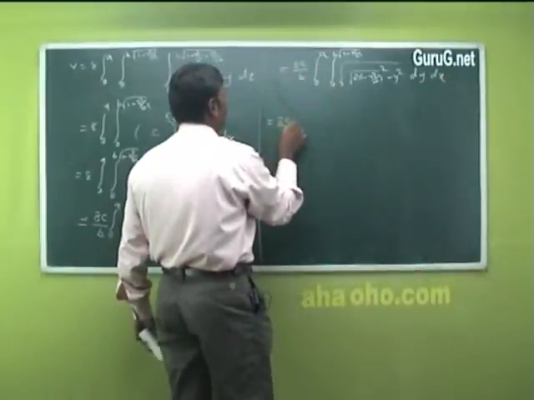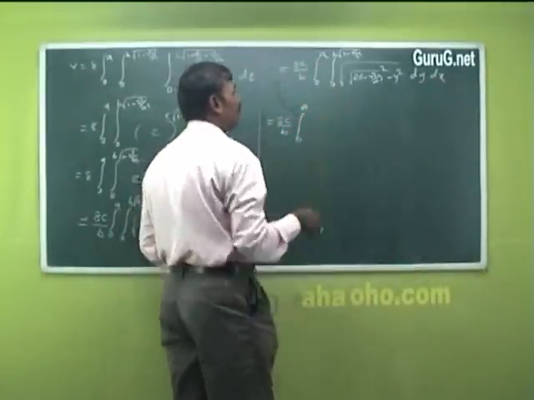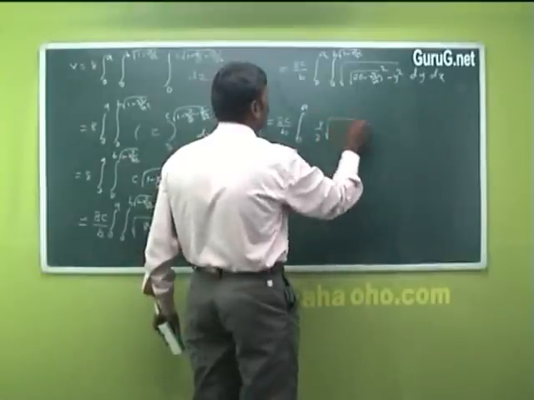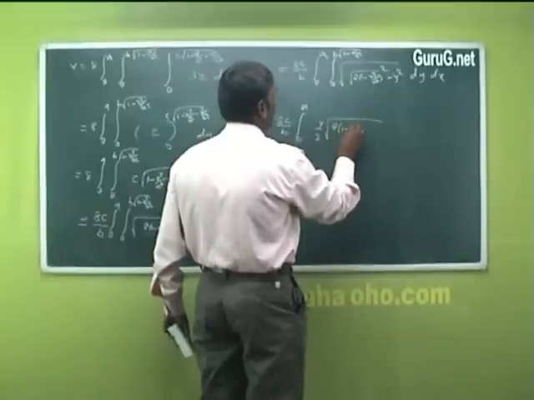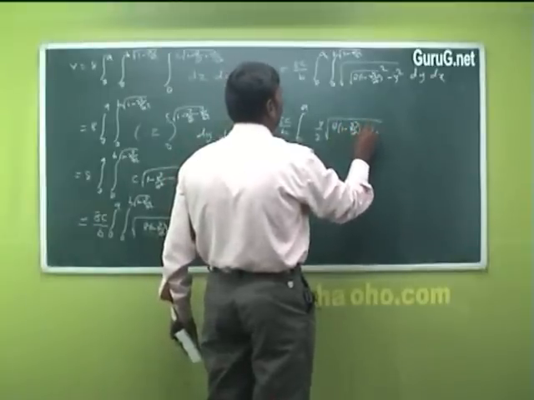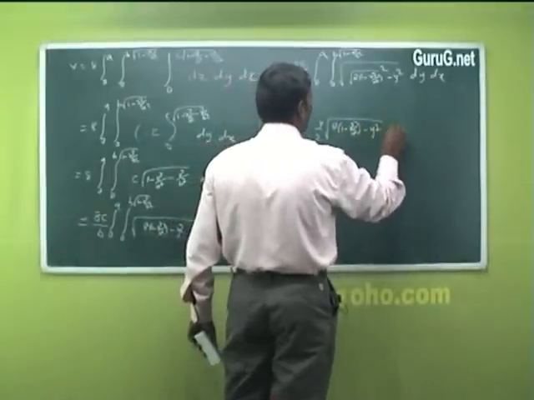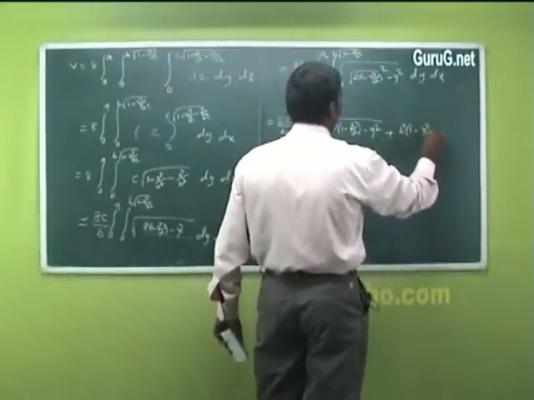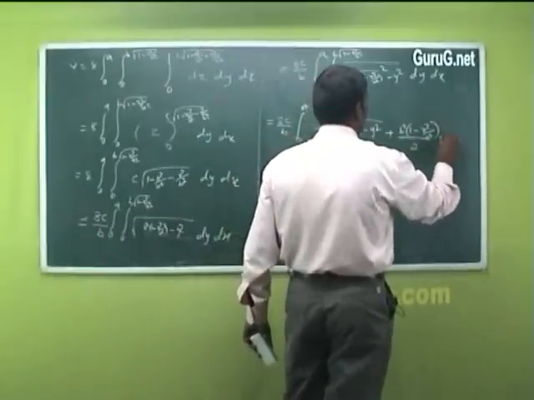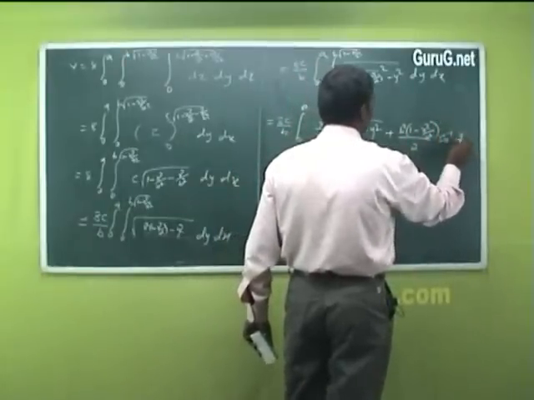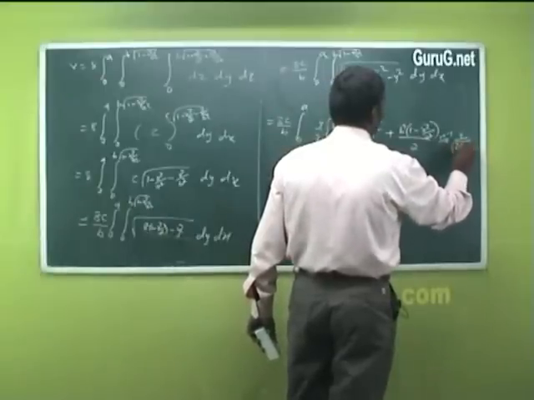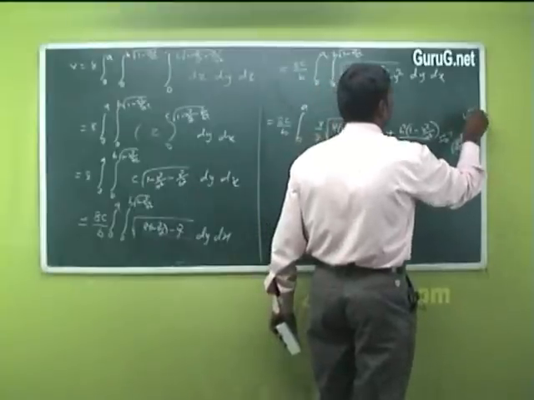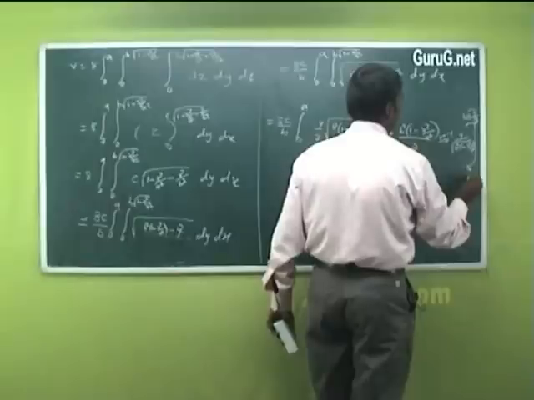So this is of the form root of a squared minus x squared: x by 2 root of a squared minus x squared plus a squared by 2 sin inverse of x by a. So it becomes y by 2 root of b squared into 1 minus x squared by a squared minus y squared, plus b squared into 1 minus x squared by a squared by 2 sin inverse of y by root of b squared into 1 minus x squared by a squared, from 0 to b into root of 1 minus x squared by a squared, dx.